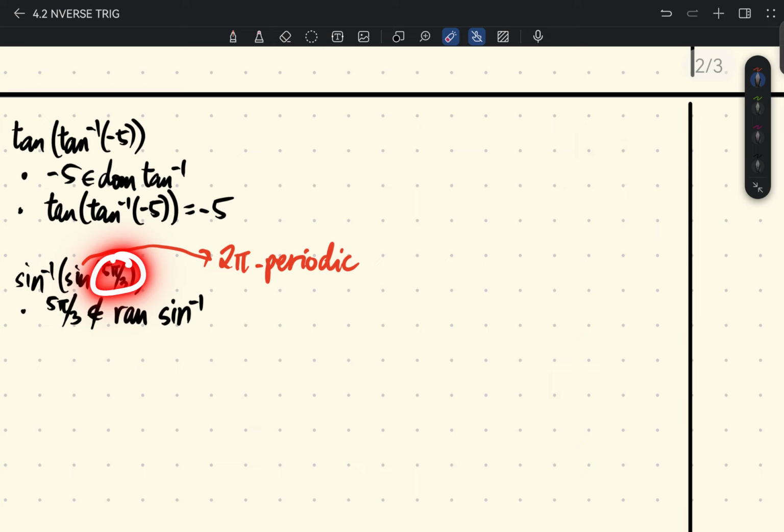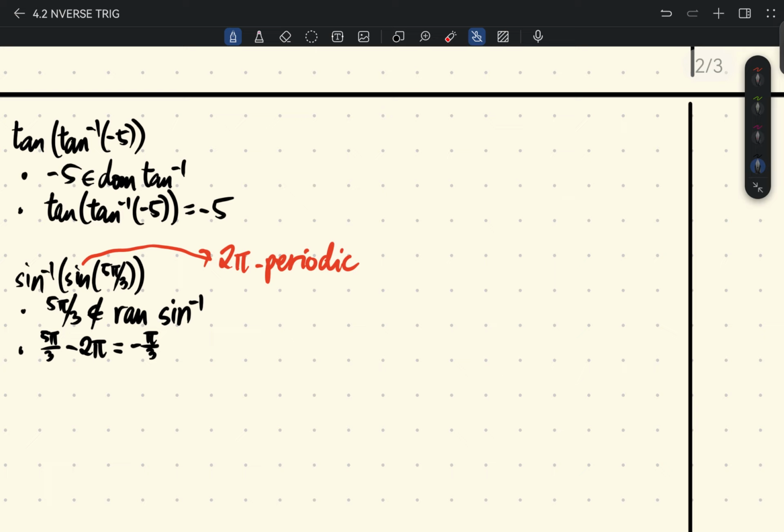Take note that 5 pi over 3 is greater than pi over 2. So to get a number which is less than pi over 2, we can subtract 2 pi from 5 pi over 3. So 5 pi over 3 minus 2 pi, we get negative pi over 3.